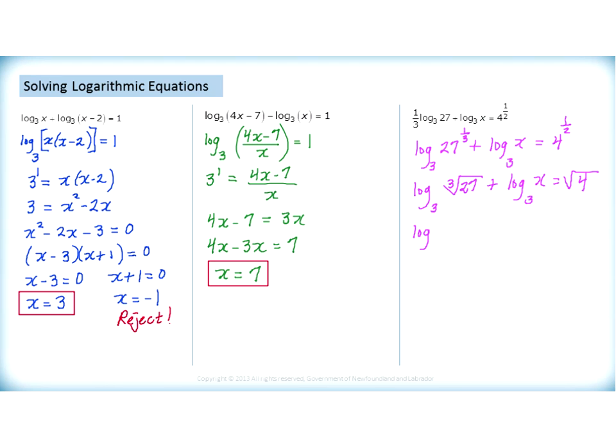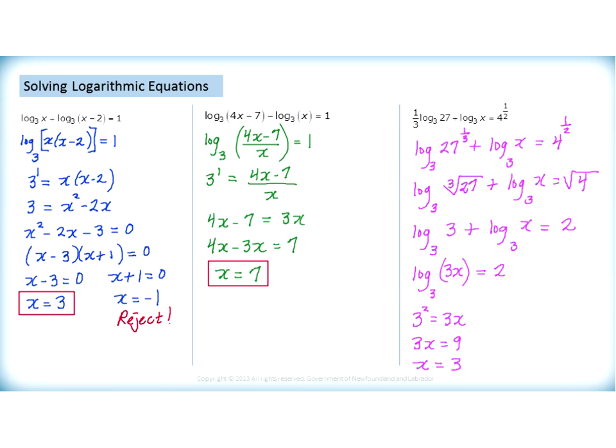So we have the cube root of 27 is equal to 3, to a base of 3, plus the log of x to base 3, and the square root of 4 is equal to 2. On the left side, we have the sum of two logs, which can be rewritten as the log of a product. 3 times x to base 3 is equal to 2.